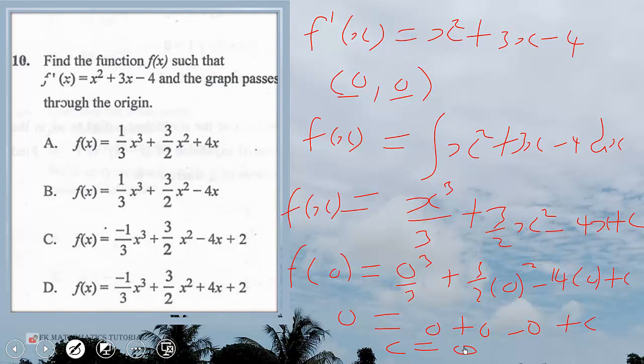So when you substitute 0 here, we get f of x to be equal to x cubed over 3, or 1 over 3 x cubed, plus 3 over 2 x squared minus 4x. So the correct answer is option B.